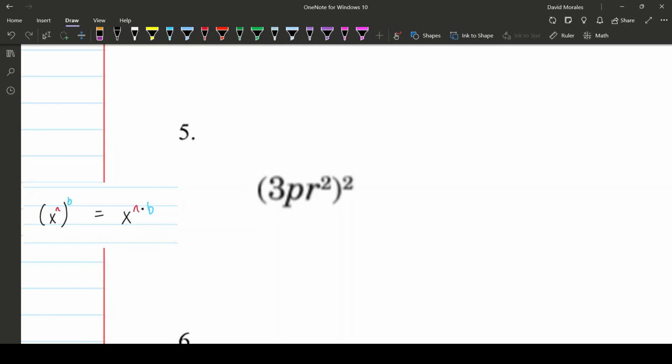If these don't have an exponent, like the 3, the 3 has an invisible 1 as an exponent, and the p has an invisible 1 exponent as well.